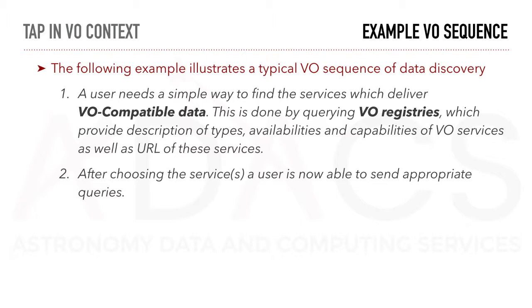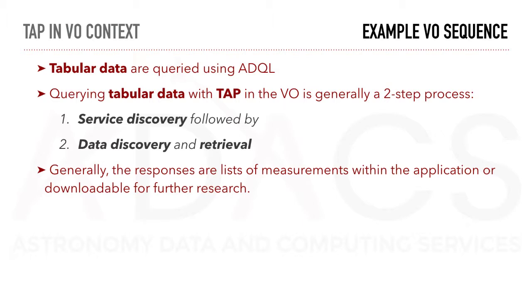After choosing the services, a user is now able to send appropriate queries. Tabular data is queried using ADQL. Querying tabular data with TAP in the VO is generally a two-step process. First, the service discovery. Second, data discovery and retrieval. Generally, the responses are a list of measurements within the application or for further research.